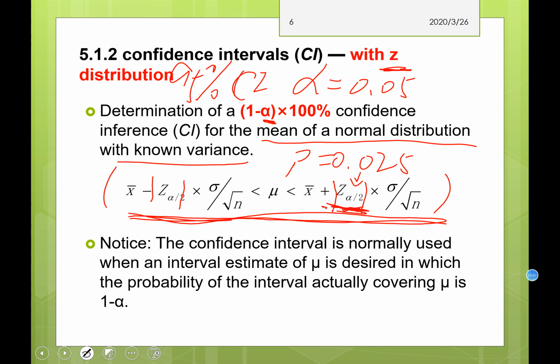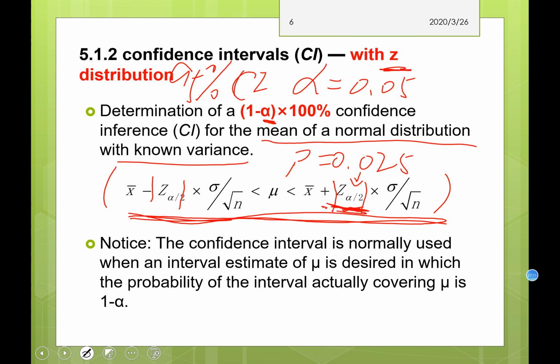So please notice that the confidence interval is normally used when an interval estimate of mu is desired, in which the probability of the interval actually covering mu is 1 minus alpha. So we have just mentioned that the probability for the confidence interval to cover mu is not exactly equal to 100%.